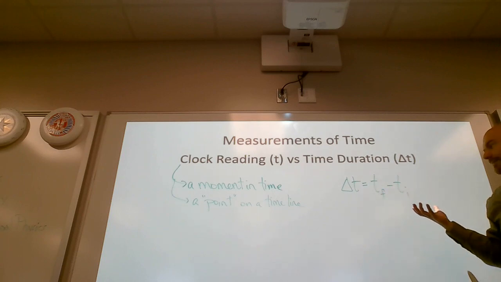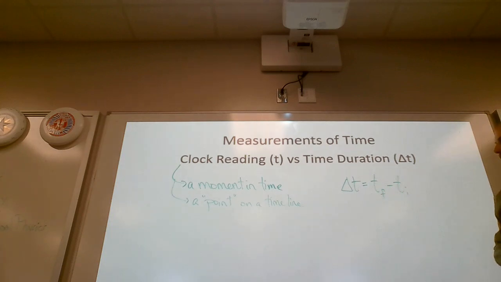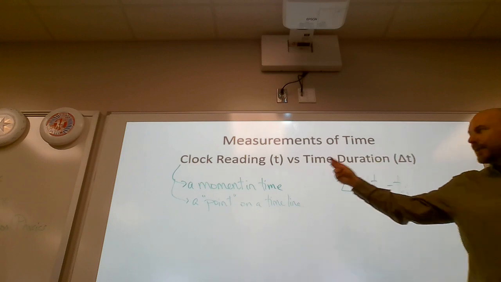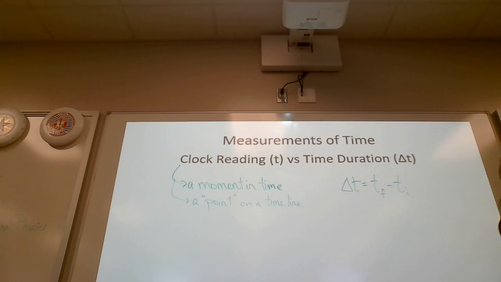It might seem picky, but delta t is for how long, while this is what moment in time to this moment in time. Just recognize that some people get lazy and don't write the delta, so just a heads up.